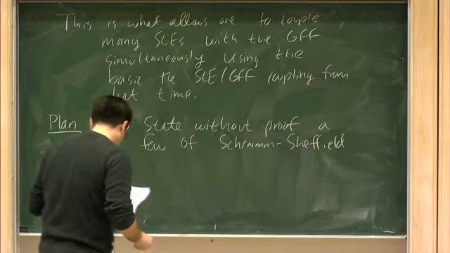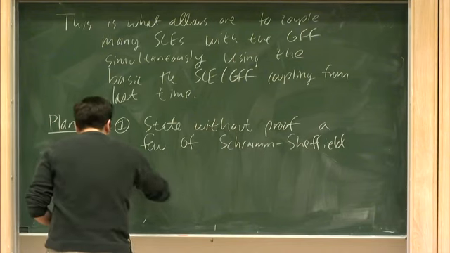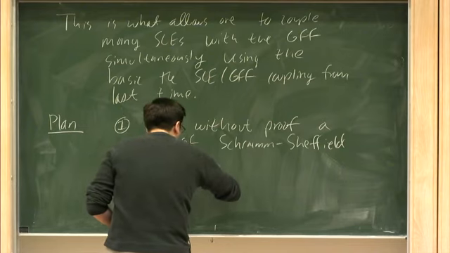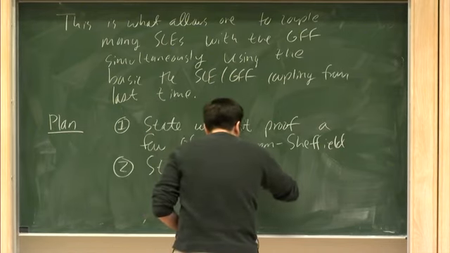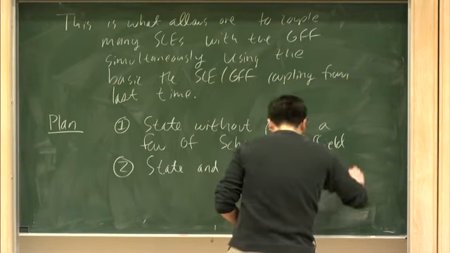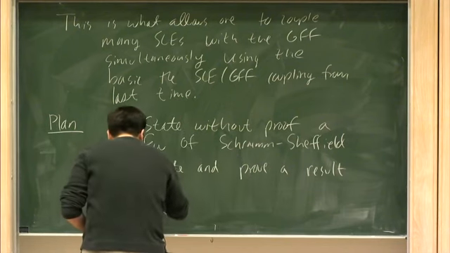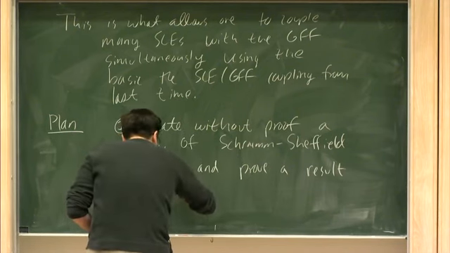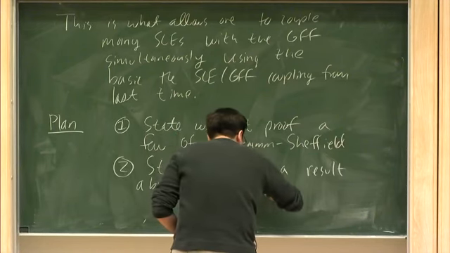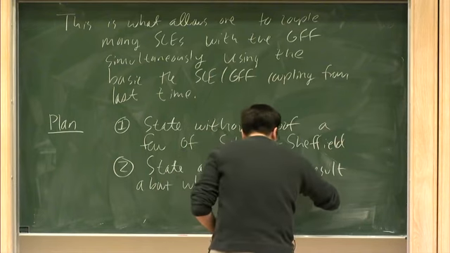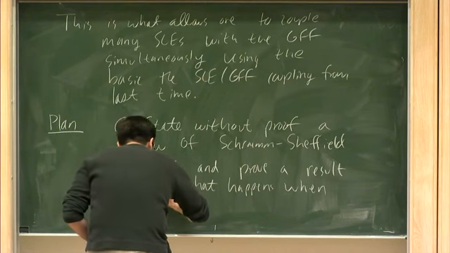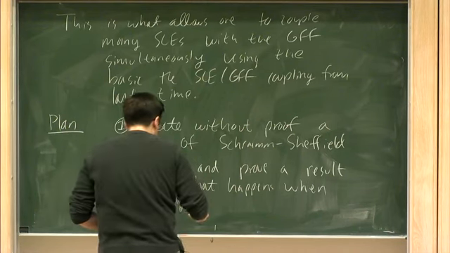Then I want to state, and I'm actually going to prove, another result about what happens when you explore the Gaussian free field with an increasing family of local sets.